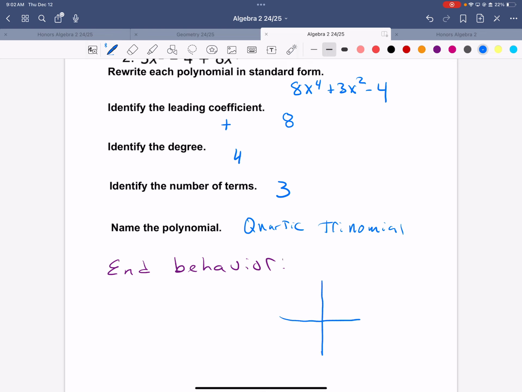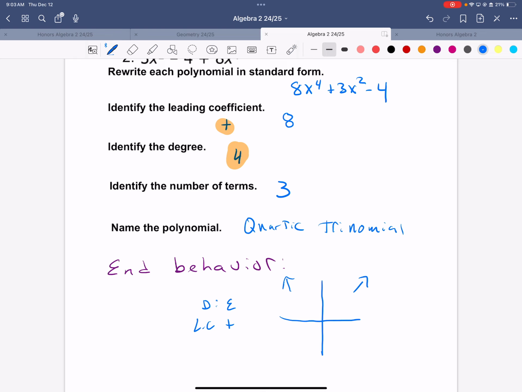For the end behavior, I look at the degree, which is 4. 4 is an even number, so it's even. The leading coefficient is 8, which is positive, so I've got even and positive. Even and positive is quadrants 1 and 2.